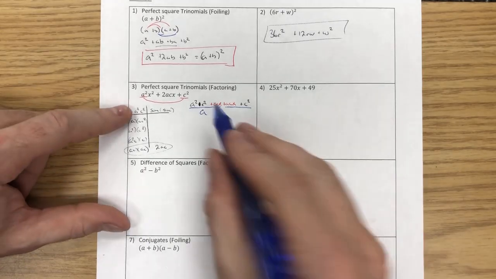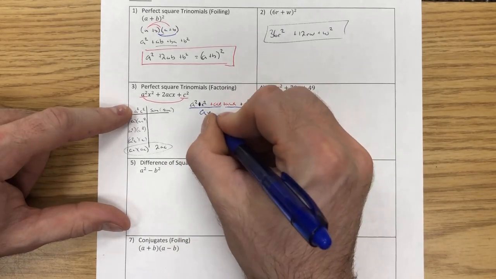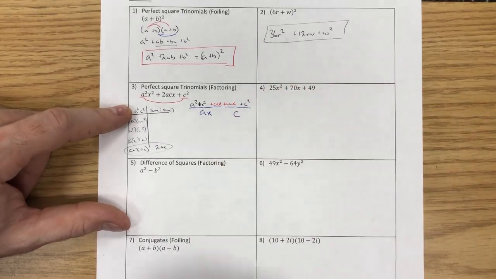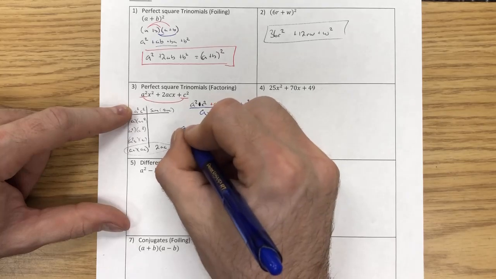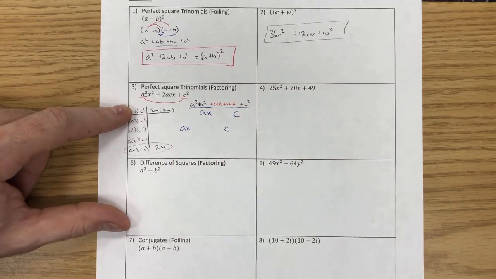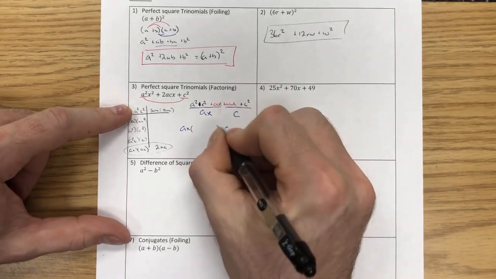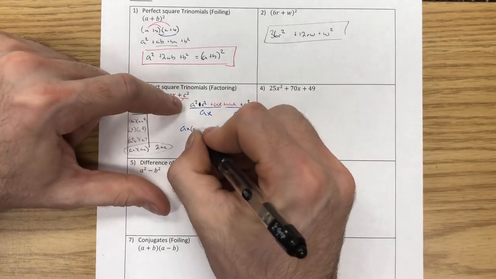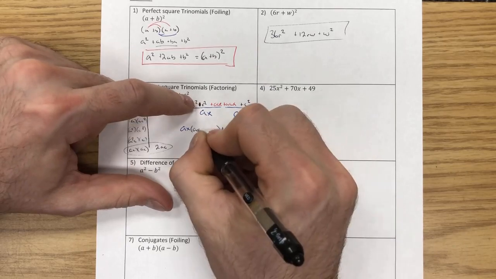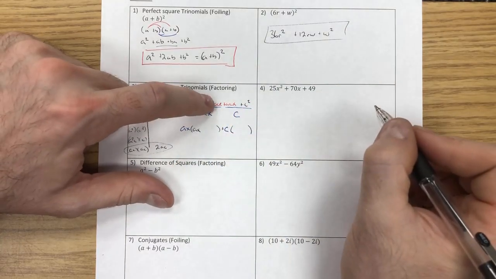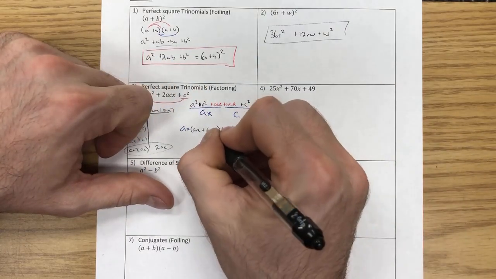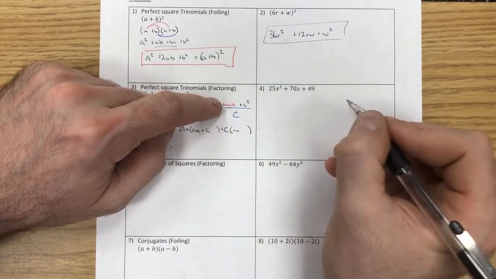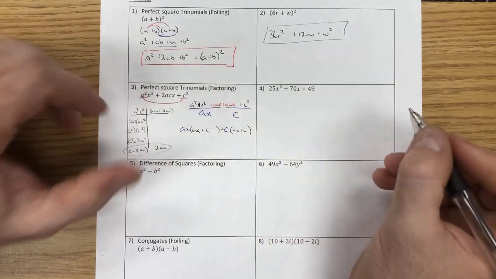So I'm going to pull out an A because they both have an A, and an X because they both have an X. Over here, I'm going to pull out a C, which means if I pull out an AX and a C, what's left over? If I take away an A, I have an A. Take away an X, I have an X. Take away an A, I have a C, and I don't have an X. So AX plus C. If I take away my C, I have an AX. Take away one of the C's, I have a C.